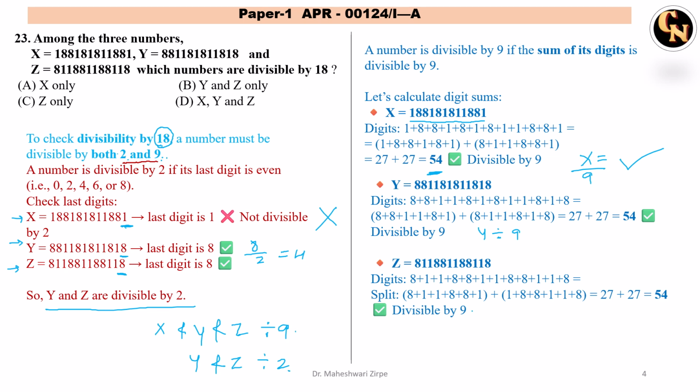So among these, the numbers which are divisible by both 9 and 2 are y and z. That means option B is the correct option, that is y and z.